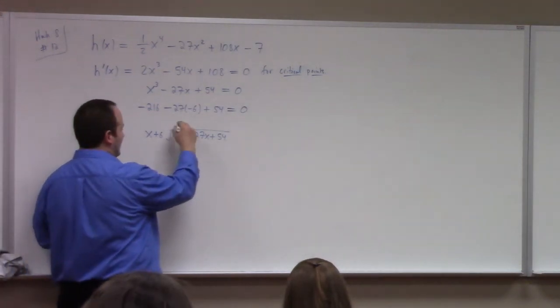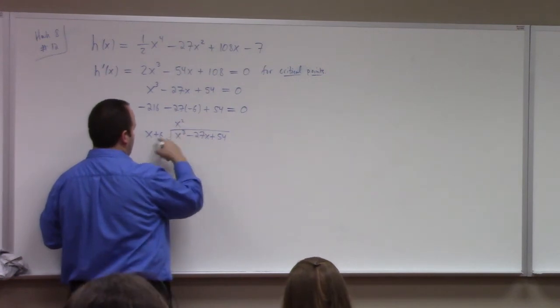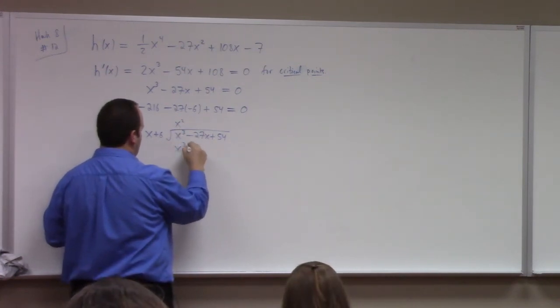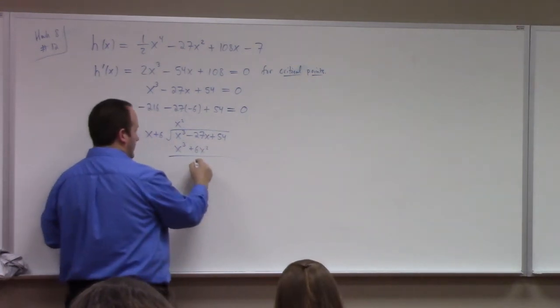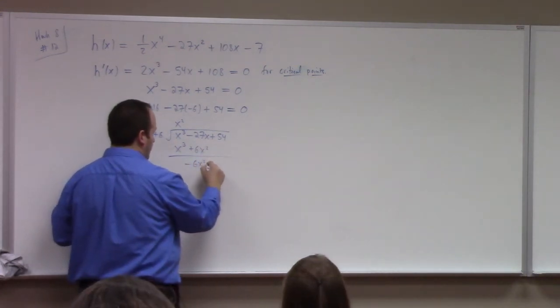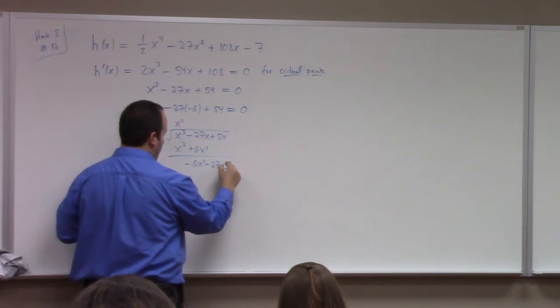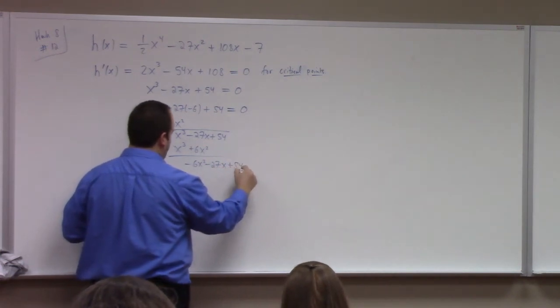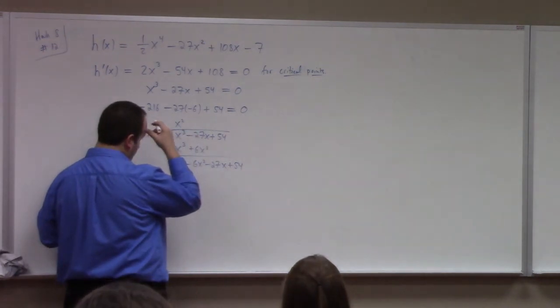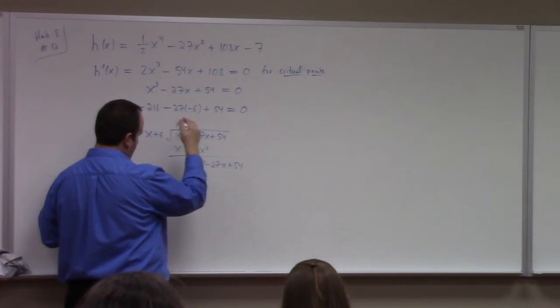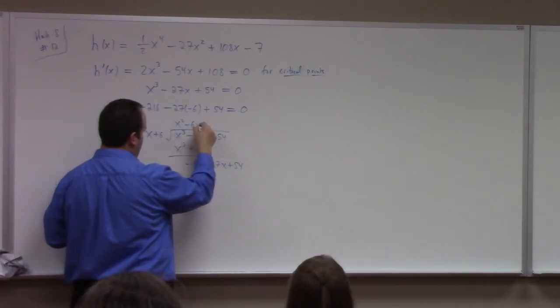So x plus 6, this is x squared. x cubed plus 6x squared, subtract. I get minus 6x squared minus 27x plus 54. So then I do minus 6x.